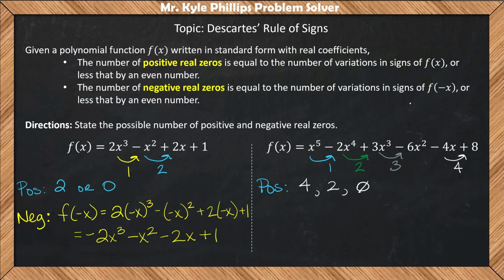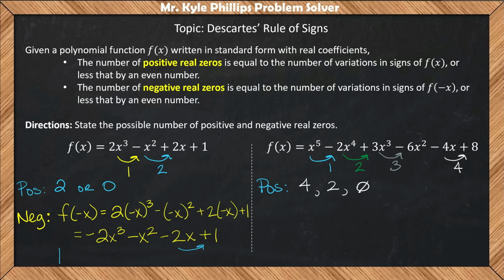So now I have substituted in, or excuse me, rather evaluated at negative x. Now I'll count the number of sign changes. So I go from negative to negative, no sign change, negative to negative, no sign change, this negative 2 to positive 1. So there is going to be 1 negative root here.